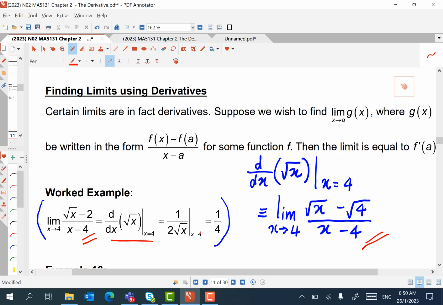Next way to find limits that you learned in chapter 1? You maybe have to do some factorization and cancellation. Then you multiply by the conjugate.